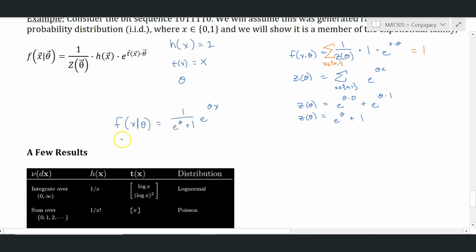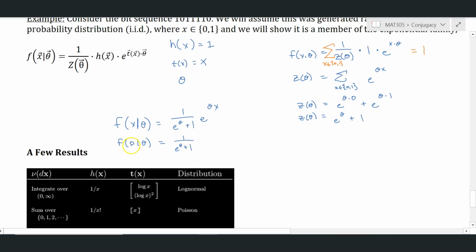So we can find the probability of x given our value of theta. If I want to know the probability that x is 0 given theta, that will be 1 over e to the theta plus 1 times e to the theta times 0, and e to the 0 is 1. So the probability that we will get a 0 by randomly drawing from this distribution, either a 0 or a 1, will be 1 over e to the theta plus 1.